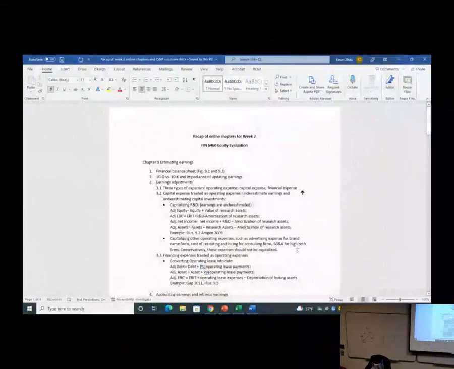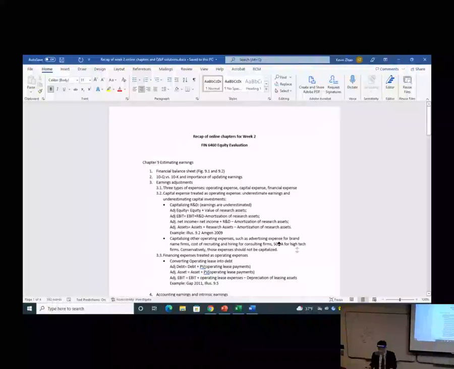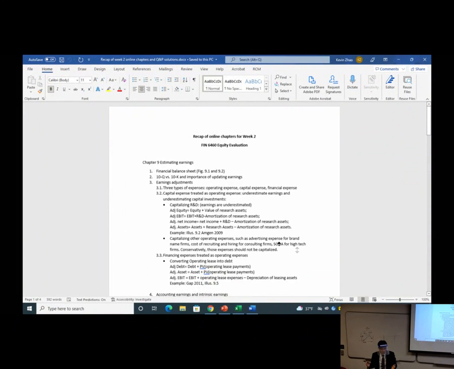And the second one is operating lease. Operating lease is very common for a lot of companies, like retail companies. As long as a company has a lot of leased spaces, right? Like a retail company, they have a lot of stores. They do not own those stores. They rent those places, right?